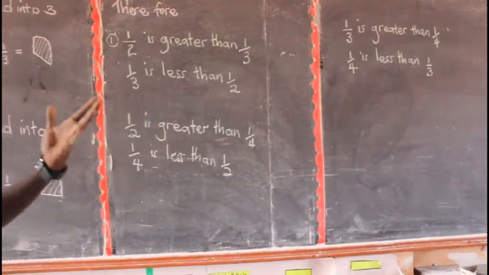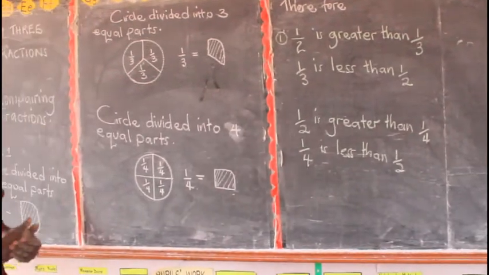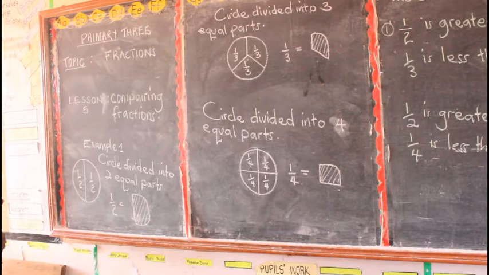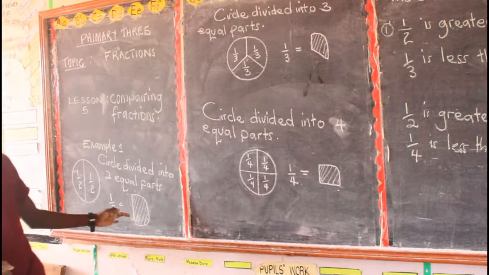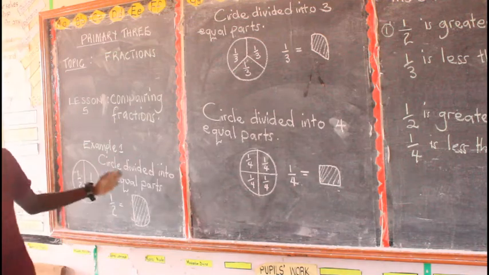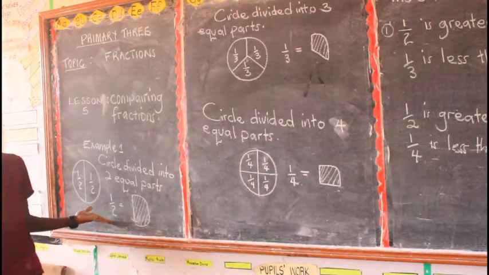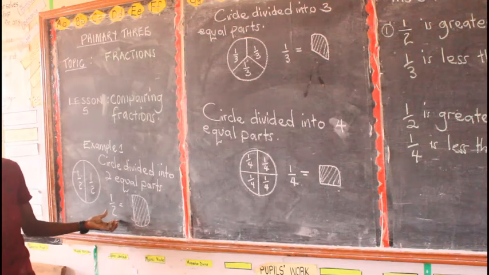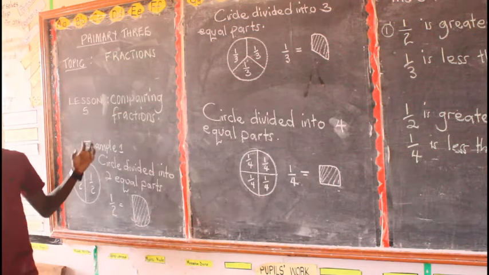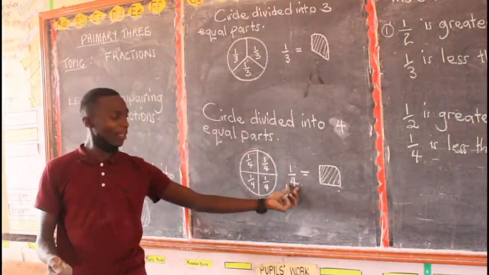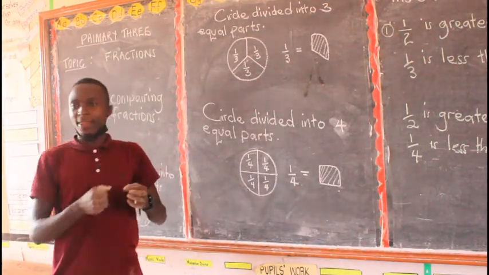So my dear pupils of primary 3, today we have learned how to compare these three fractions: a half, a third, and a quarter. We have seen that the smaller the denominator of the fraction, the bigger the fraction, and the bigger the denominator, the smaller the fraction.